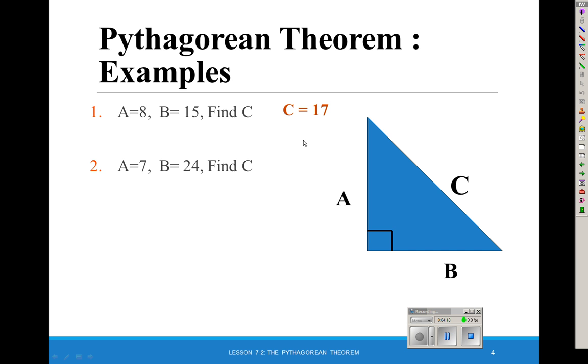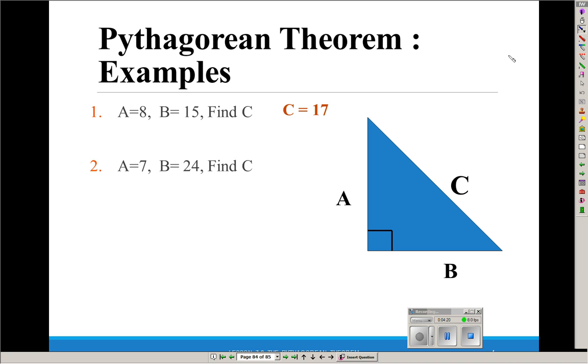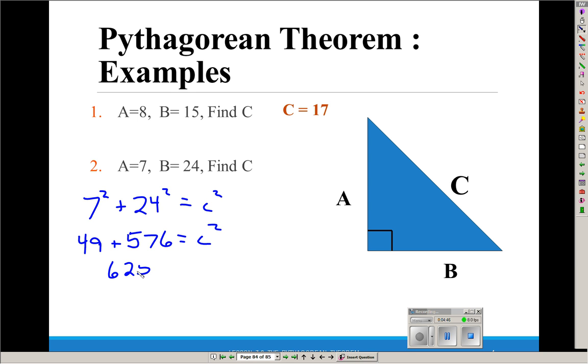How about if A is 7 and B is 24? Well, A squared, that's a 7 squared, plus B squared, that's a 24 squared, equals C squared. 7 squared is 49. 24 squared is 576. 49 plus 576 is 625.